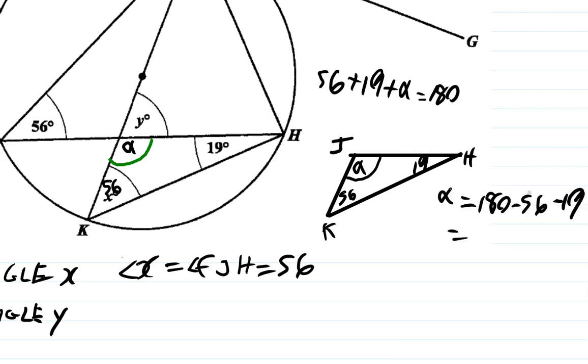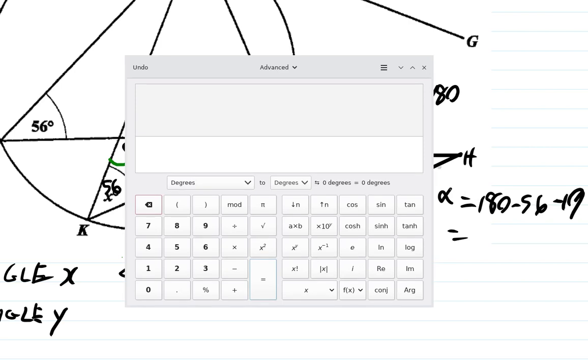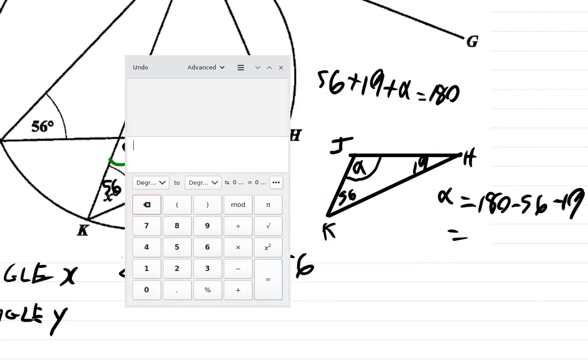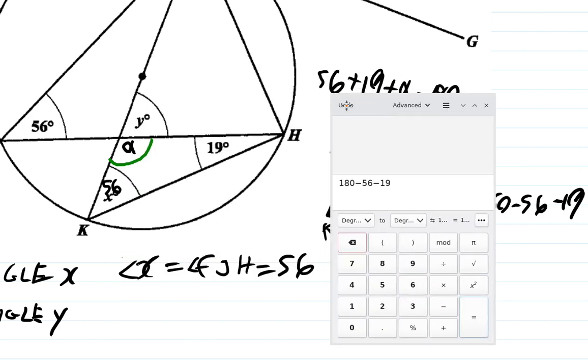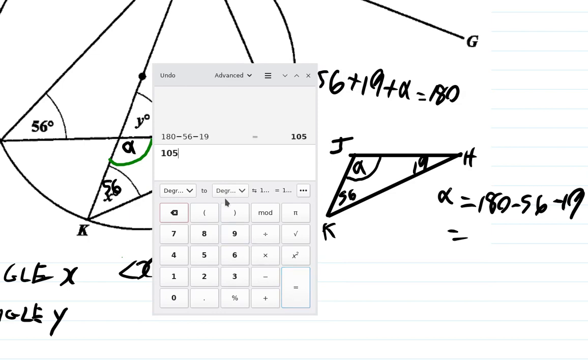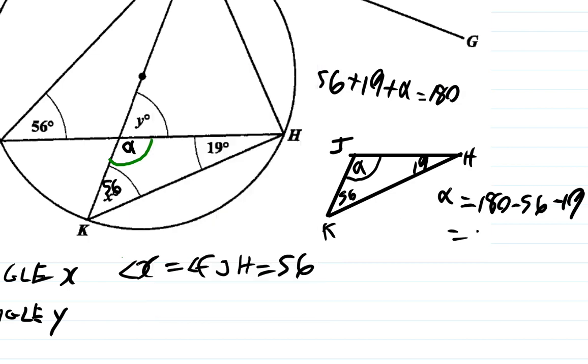Let's see on our calculator. 180 minus 56, you remove 56 and you also remove 19. Is it 19? Yeah, 19. You get 105. So that angle is 105 degrees.